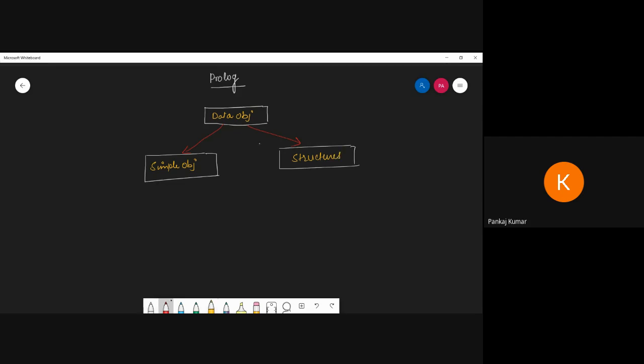Now this type again you can divide into the constant part, and this part is divided into the variable part, and this is not divided in the structure, so that is the end of that part. So here we can divide a simple object into a constant, sorry, and this part is divided as a variable.